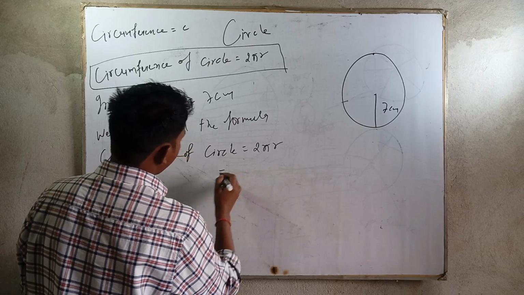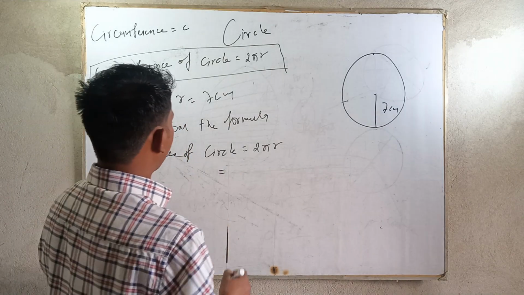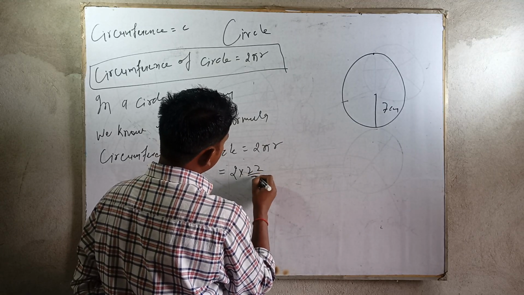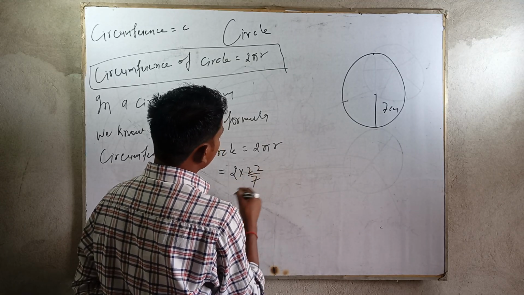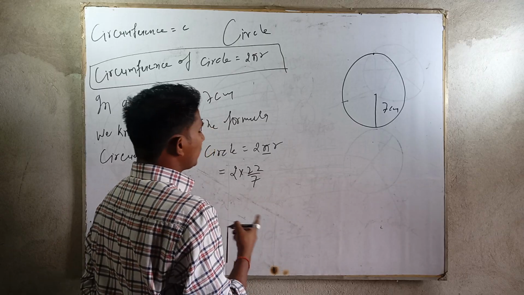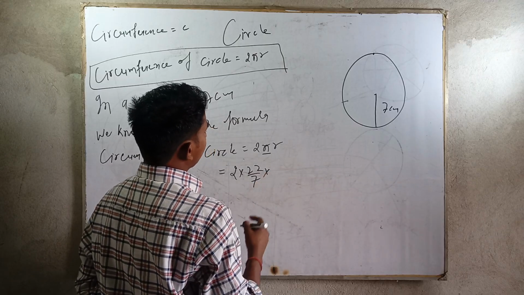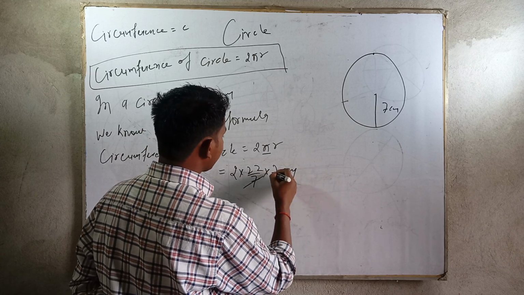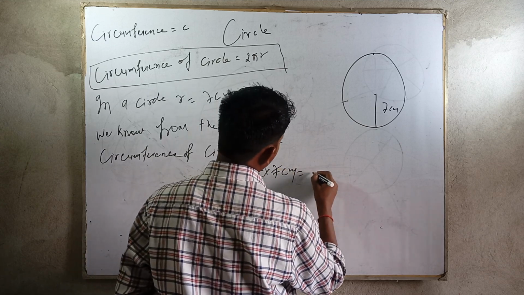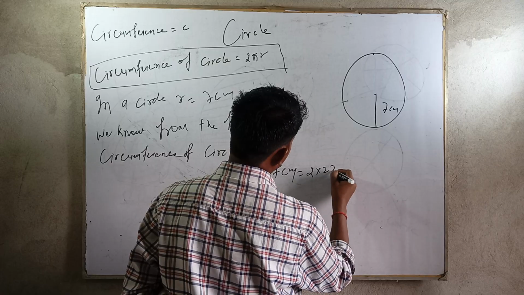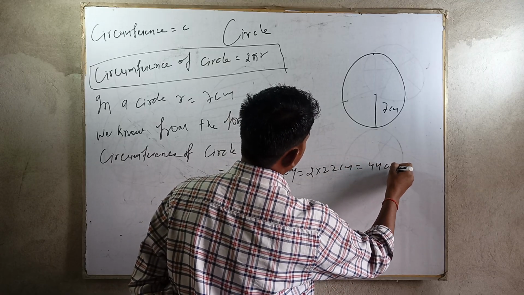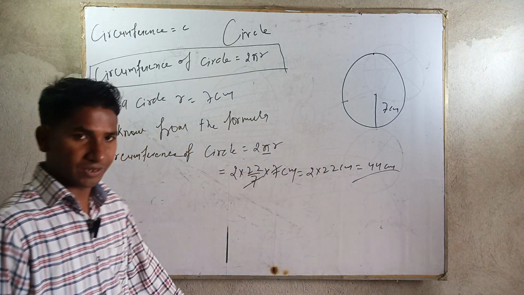If I replace the values, it is 2 cross 22 by 7, because the pi value is given as 22 by 7, and r is 7 centimeters. Then the 7 will be cancelled, and it will be 2 cross 22 centimeters, that means 44 centimeters. Its value will be like this.